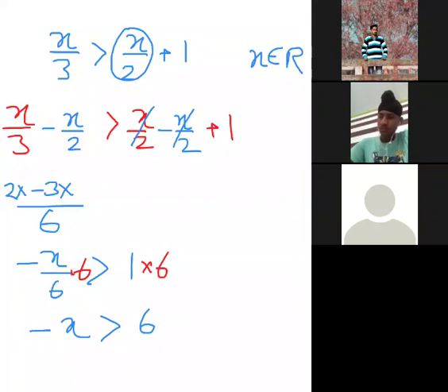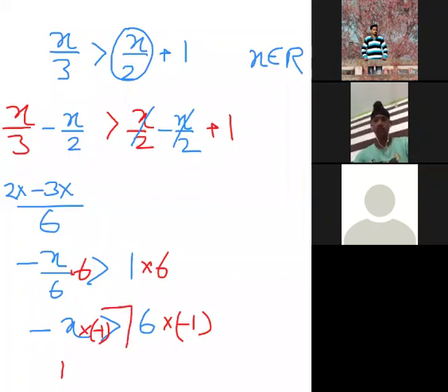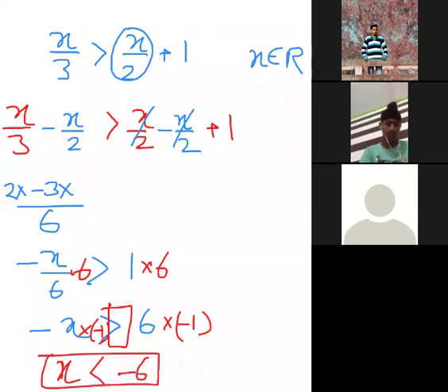When we will be multiplying by minus 1 on both the sides, it will become x, and keep in mind, the inequality symbol will get changed. Sorry, inequality symbol will reverse, x will be less than minus 6.